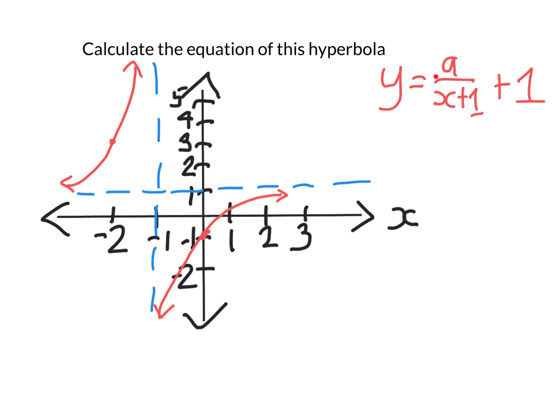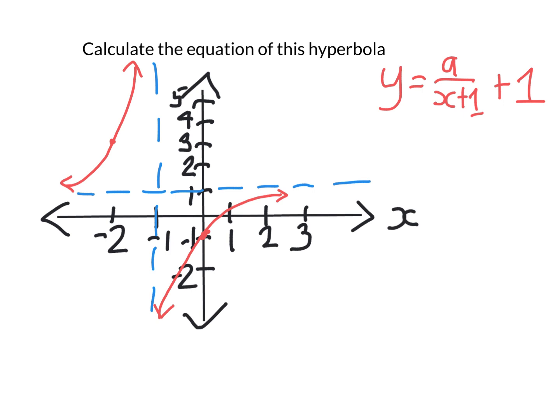All right, now we only need to find a. So to find a, similar to what we did for parabolas, we're just going to substitute in a point that we can clearly see. So a point that we can clearly see here is at negative 2, 3, or this one, 0, negative 1. It doesn't matter which point that we use. So let's use this one here, 0, negative 1.